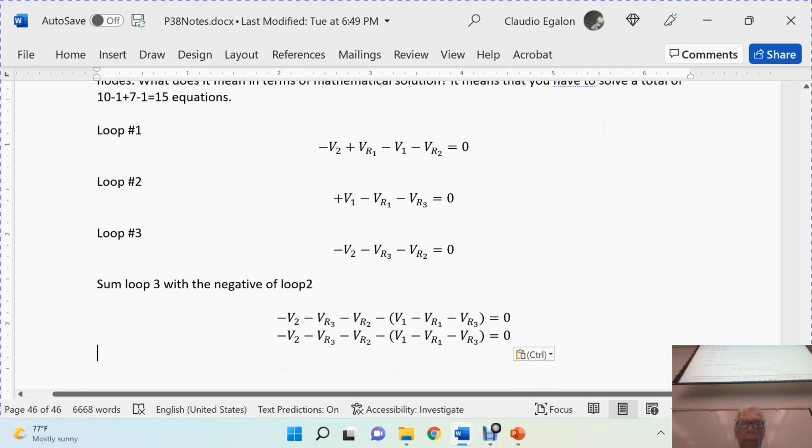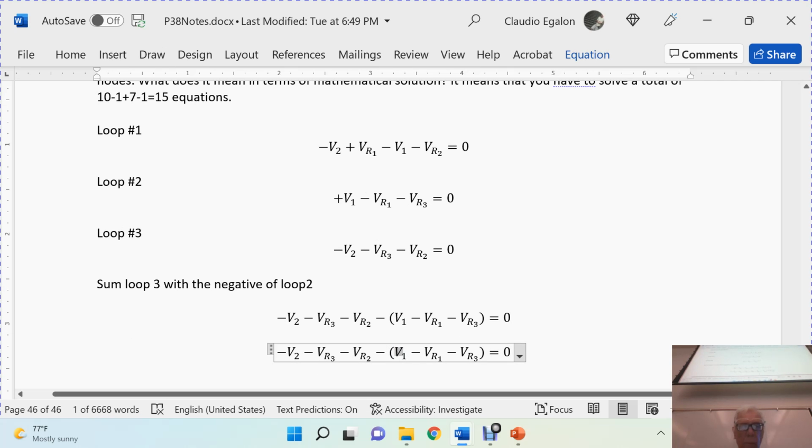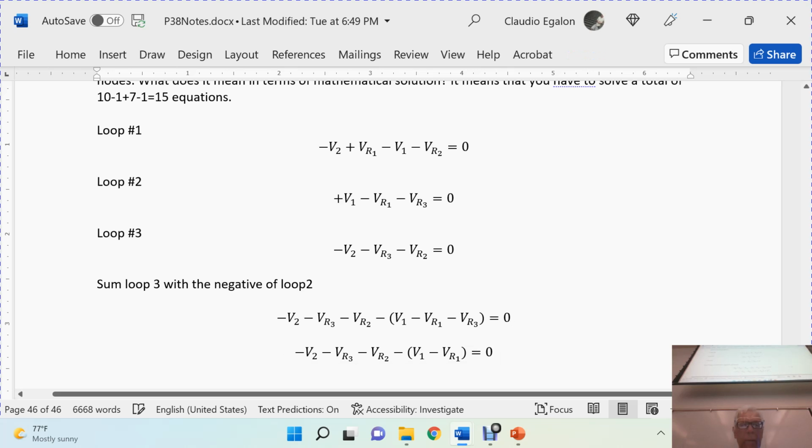I'm proving to you that this V1 here is going to survive, right? What about this VR3 here? See, negative is positive, and you have another VR3 here. See that? Okay, so let's see what we get. We get something like that.